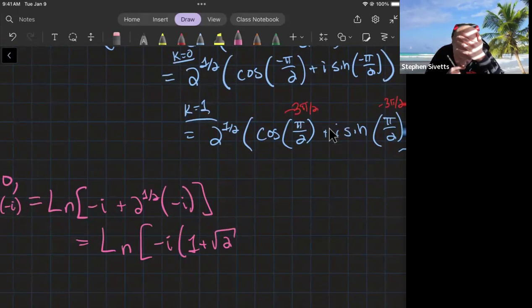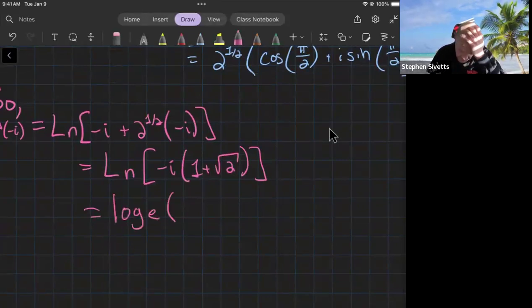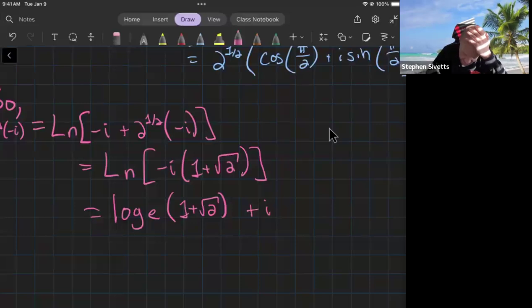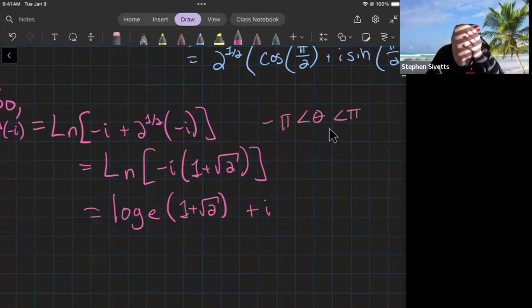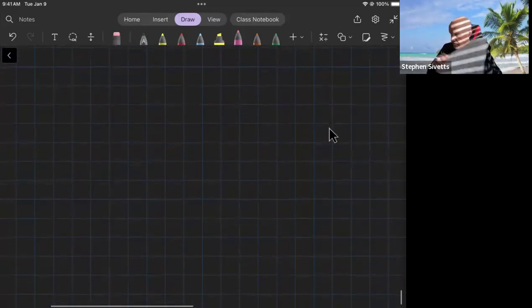Okay? By definition, this equals log base e of 1 plus root 2, plus i times theta. Theta has to be between minus pi and pi. That's the principal branch. So this value is on the quadrantal angle minus pi over 2. So in this case, it's plus i times minus pi over 2, and that is your answer. Okay. So that's how you do that example.